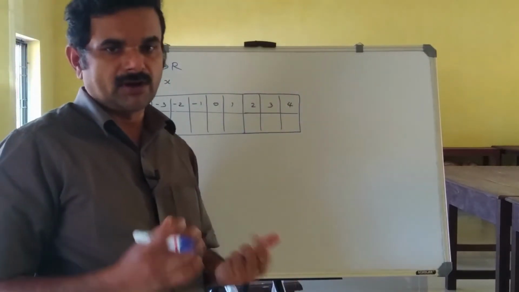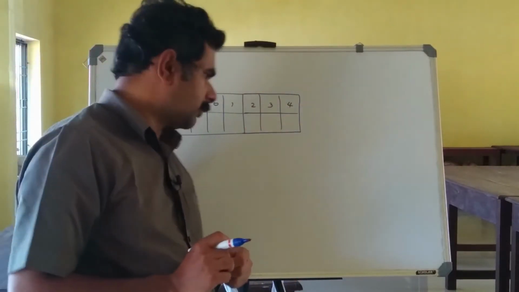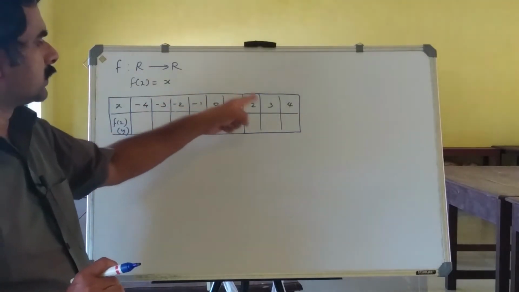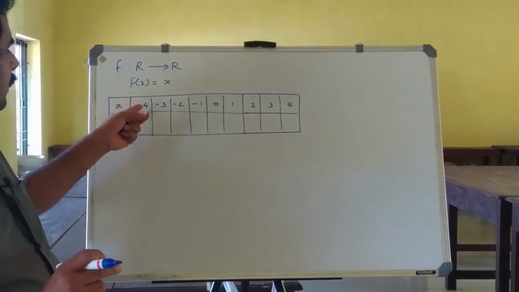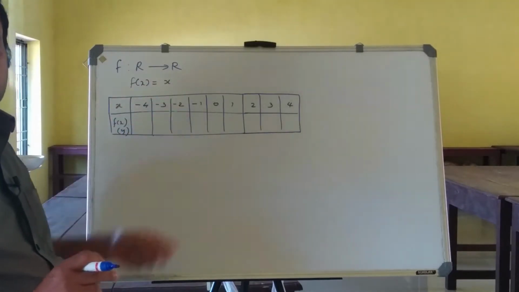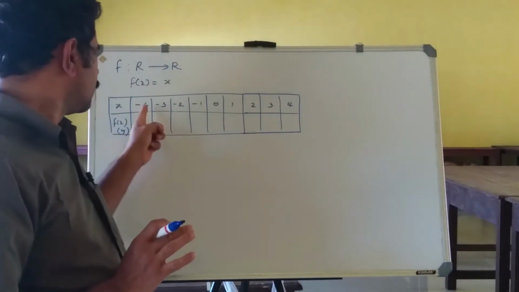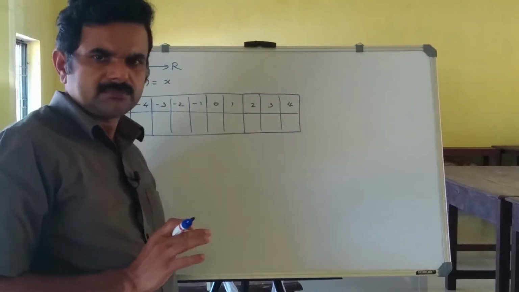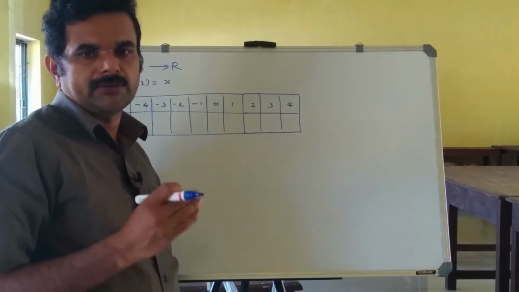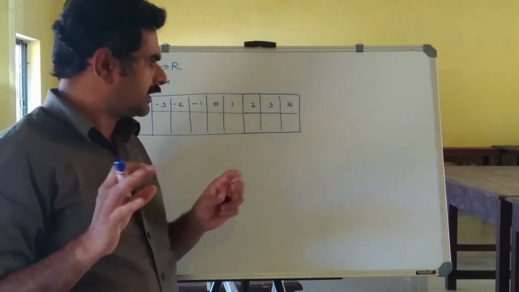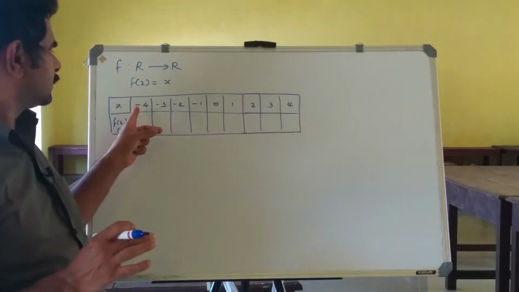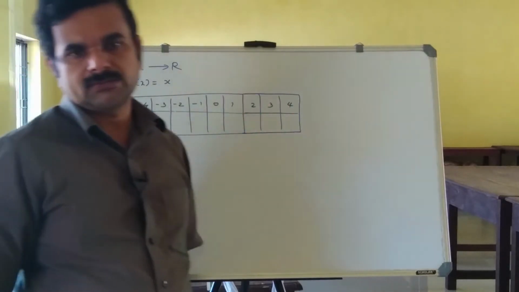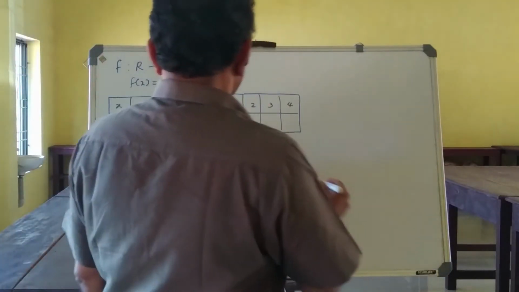Then the corresponding y values or f of x values will be obtained. You can take minus 5, minus 4, minus 3, that is your choice, or 1, 2, 3, 4, 5 only, or 1.5, 2.5. Anyway, now it is my choice because I am taking real numbers from minus 4 to plus 4.